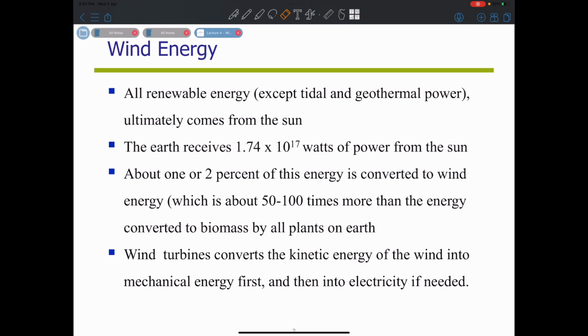Also, a wind turbine converts the kinetic energy of the wind into mechanical energy first, then to electrical energy, which produces electricity. And about 1 to 2% of the energy is converted to wind energy.